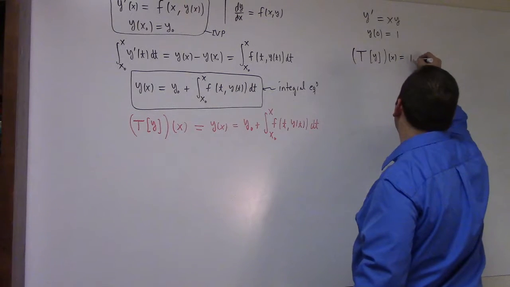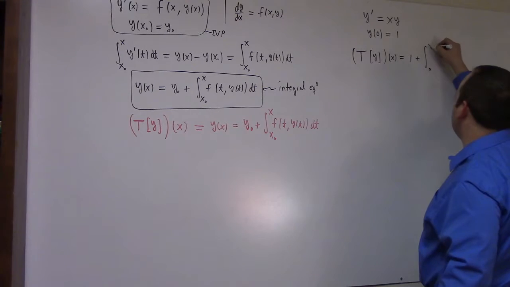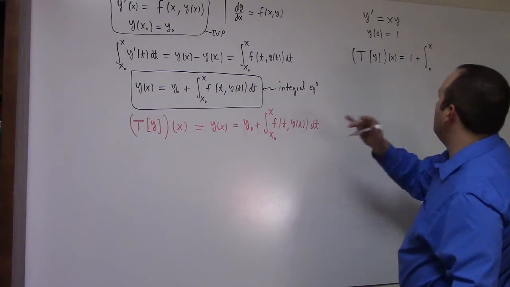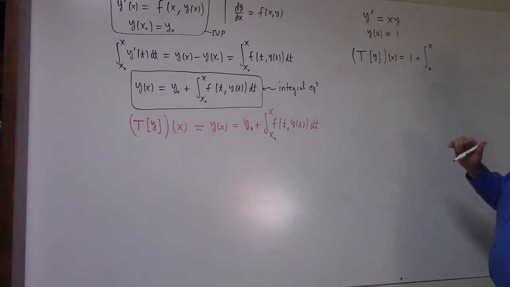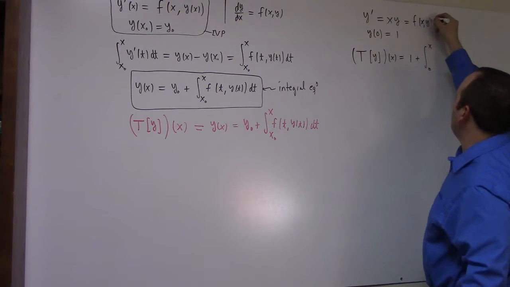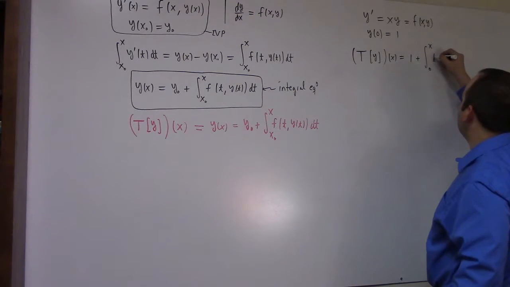It's 1 plus the integral from 0 to x of, let's see here, this is my f of x comma y. It's going to be t times y of t. So t y of t, you say?